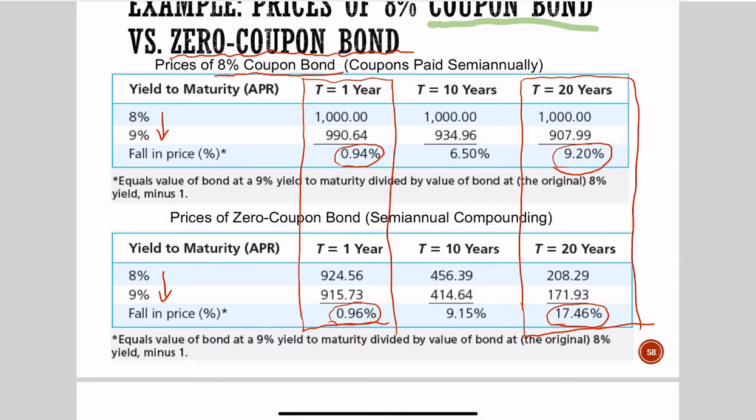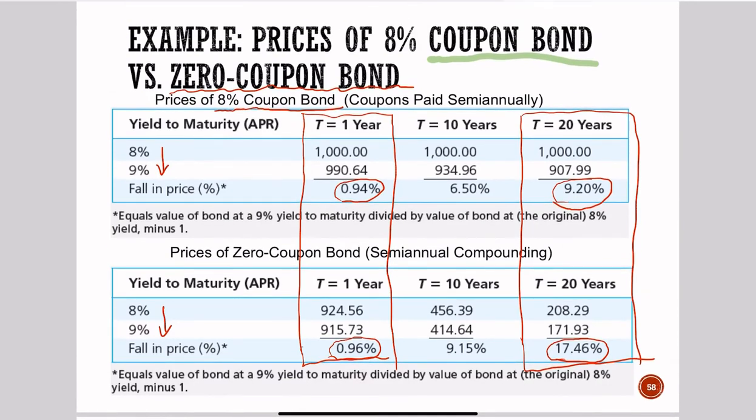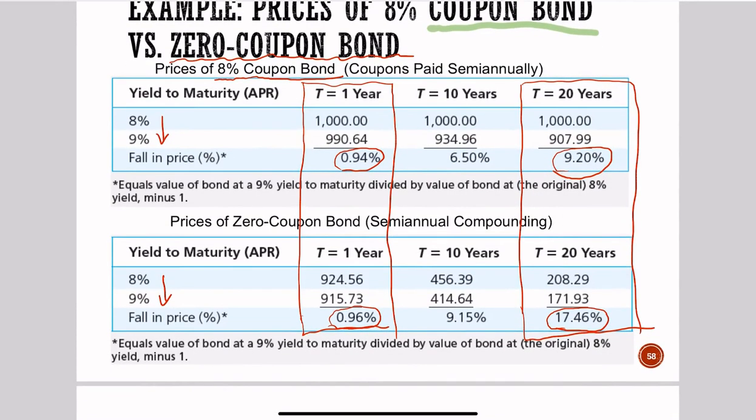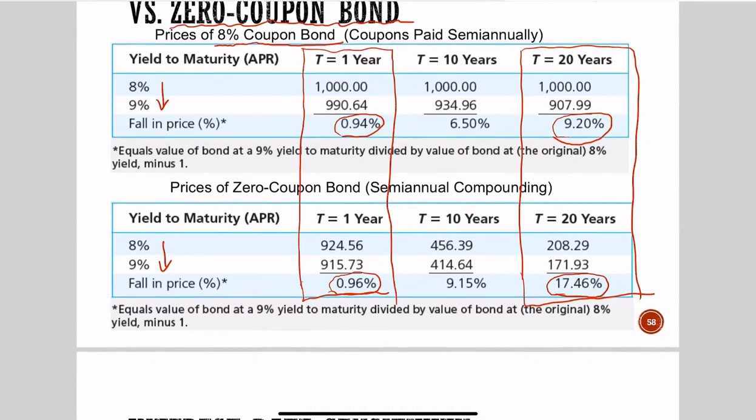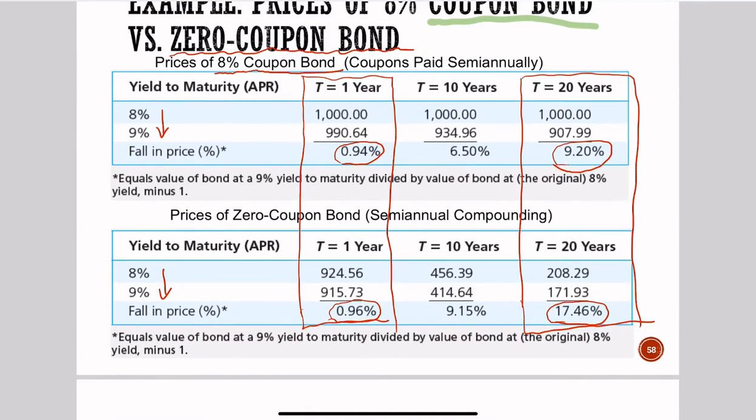You have told us both of these two bonds have the same maturities, right? They have 1 year, 10 year, and 20 years. But now why are you saying that this zero coupon bond is as if it has a longer maturity? Well, the reason is because the maturity defined here is really not the best measure to think about how bond price will change with interest rate.